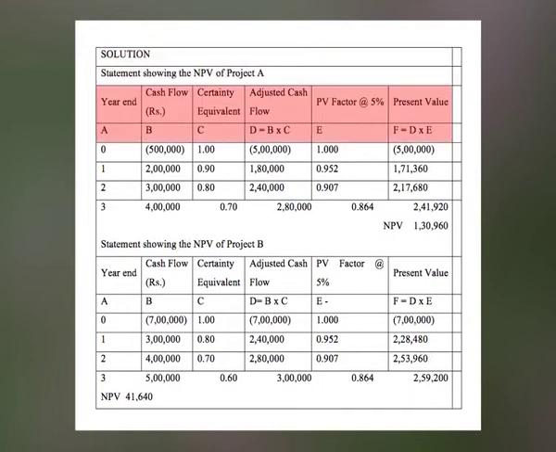Years are given to us, cash flows we have, then the certainty equivalent and adjusted cash flow are also given, then the PV factor at 5%, and finally we will have to calculate the present value. Years are 0, 1, 2, 3, and the cash flow in year 0 is minus 5 lakhs, the certainty equivalent is 1, the adjusted cash flow is minus 5 lakhs, the PV factor at 5% is 1.000 and the present value is minus 5 lakhs.